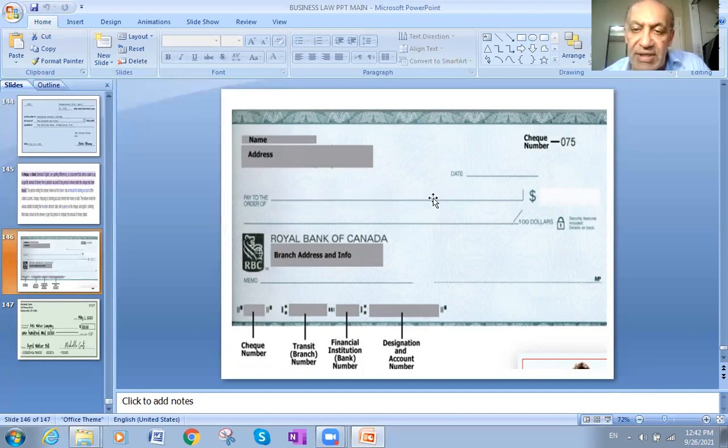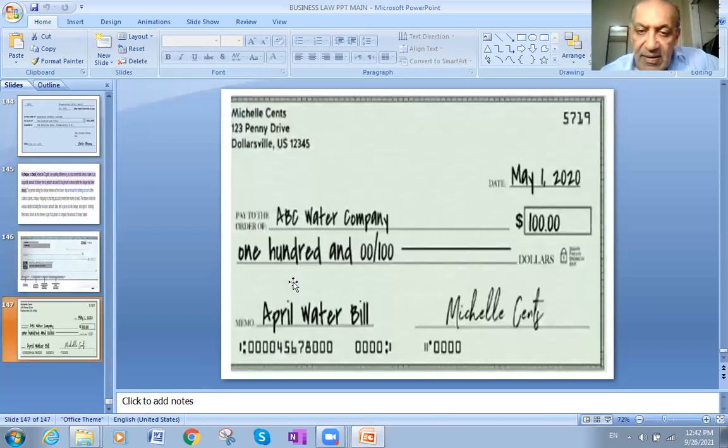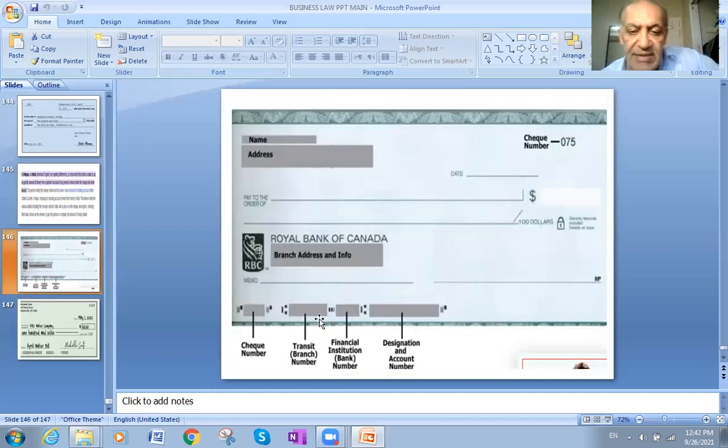And here is the check number, and here is the date, like we said before. And then here is a memo to remind him why he paid. And this is the print of the bank or the branch.